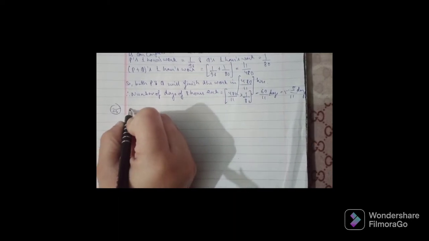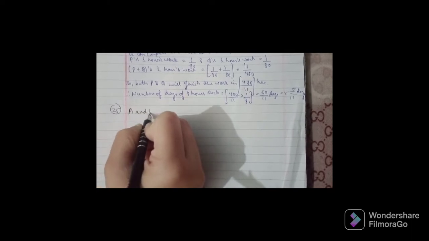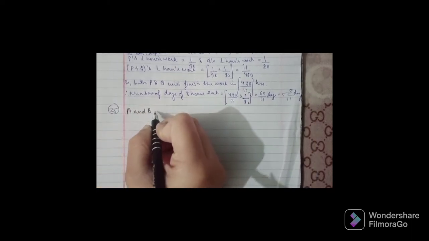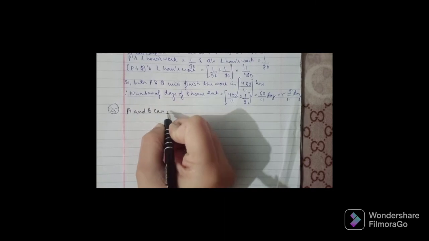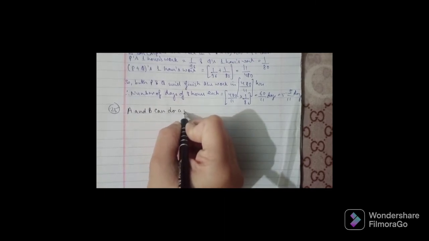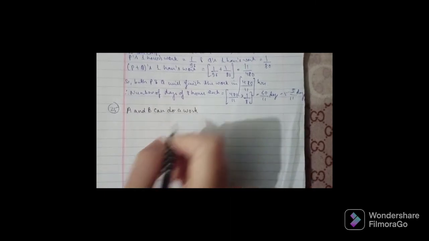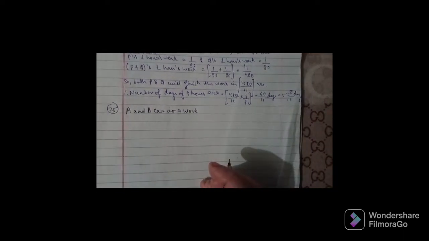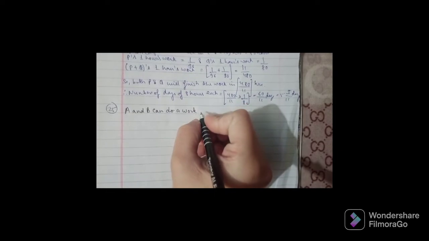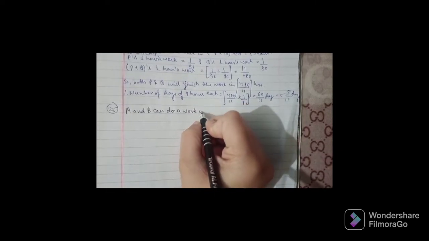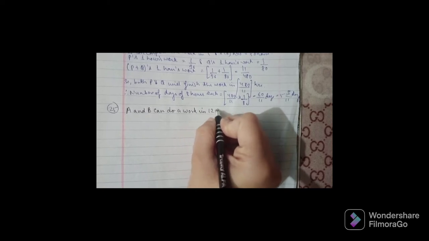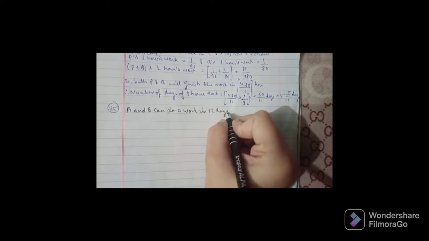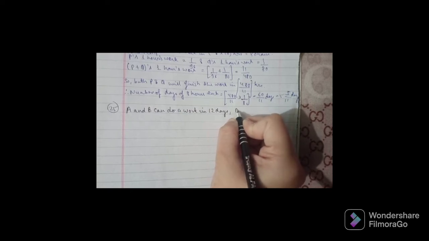A and B can do a work in 12 days. B and C in 15 days.